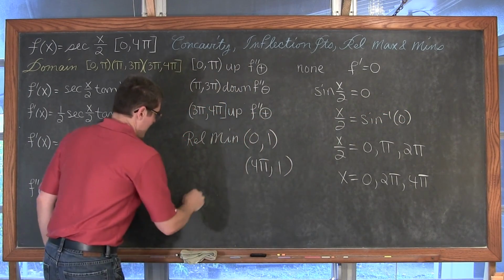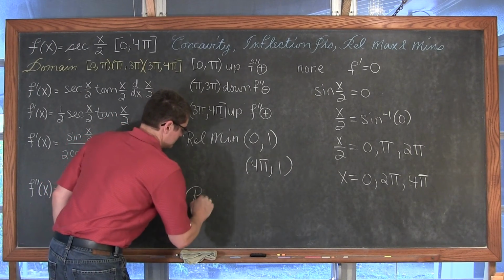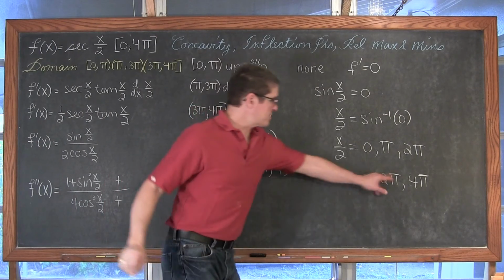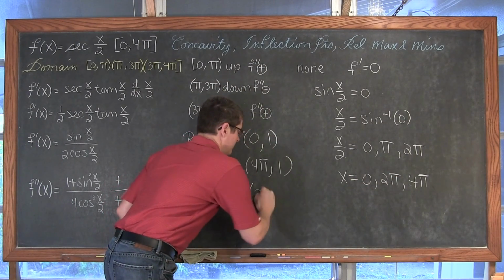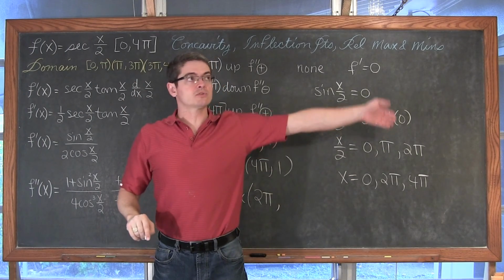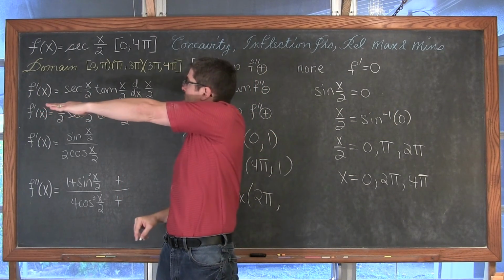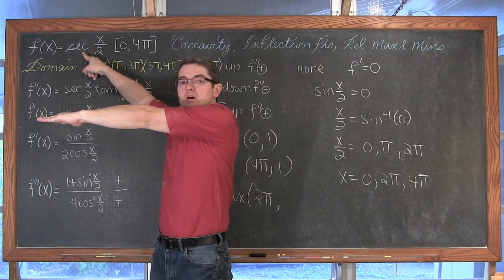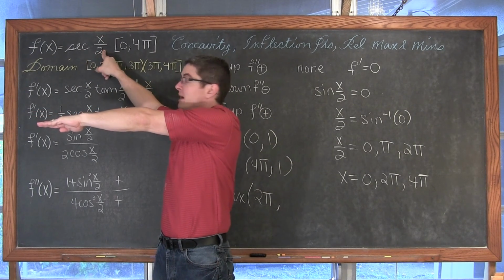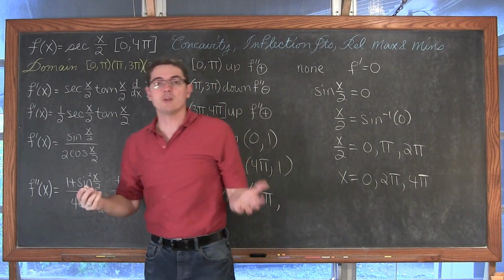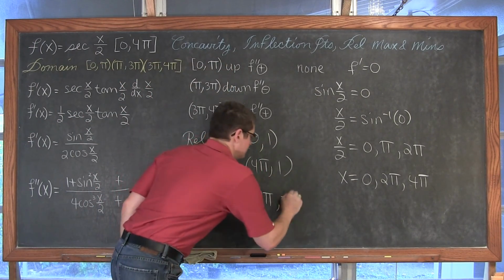And then the relative max, well, that's at 2 pi. So 2 pi divided by 2 is pi, and the secant is 1 over cosine, so the cosine of pi is negative 1, and if you take negative 1 and you flip it, you get negative 1.